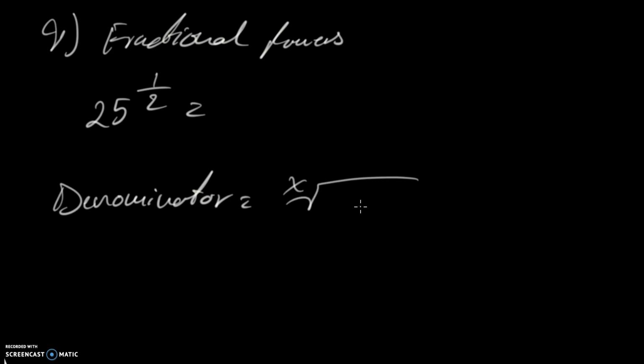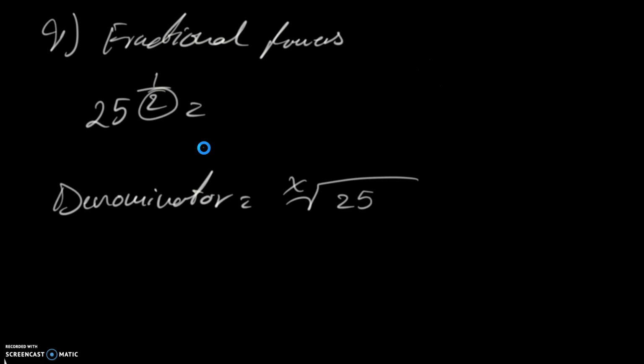For this example we have 25 and the denominator is 2. So instead of putting x here, we'll just put 2. So it just means you square root it. So let's say we had 3, we'd remove that 2, place a 3, and we'd cube root 25.